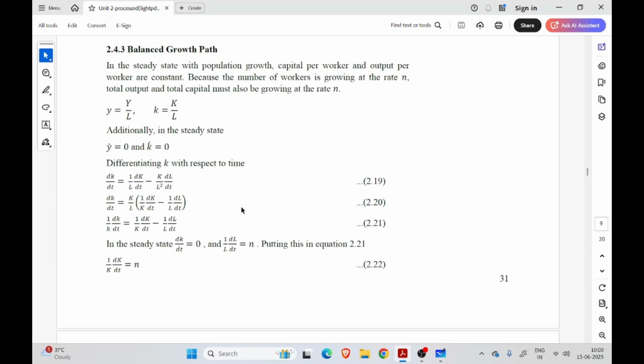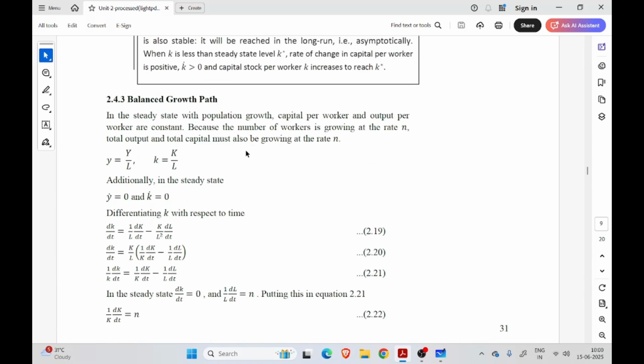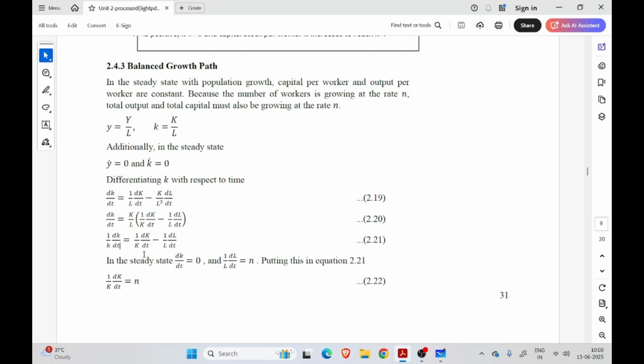Therefore we see that capital also grows at the rate n. Capital per unit worker does not grow, that is 0. The rate of change of capital per unit worker is 0, but the rate of change of capital is not 0, that is equal to the rate of growth of population.